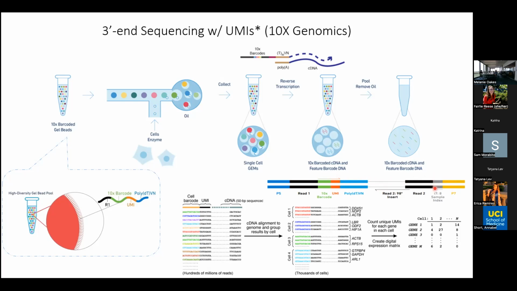And then our I7. 10X now makes dual indexed adapters for us, so that we can multiplex more on a lane. And then our P7. They're going to look at all the cells that have the 10X barcode, group those reads together, and these are the RNAs, again just looking at the 3' UTR, that belong to this particular cell.